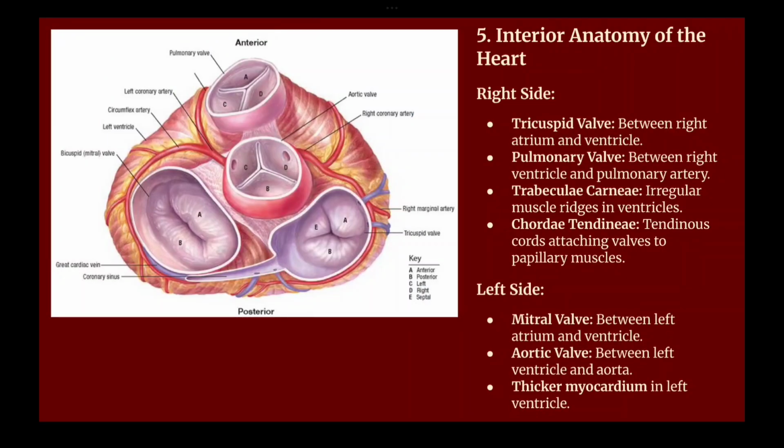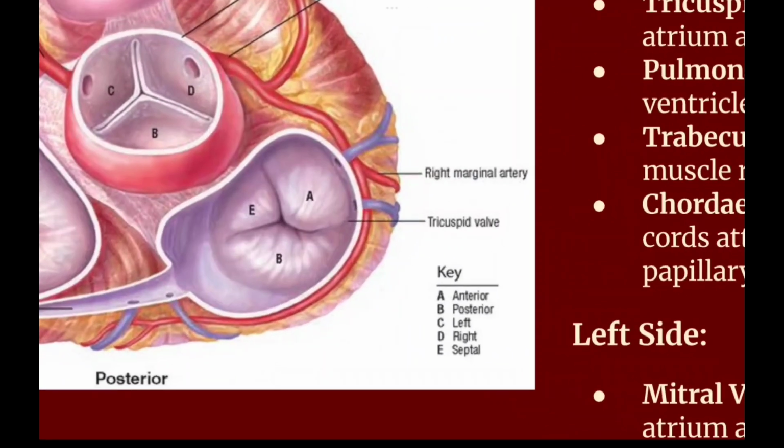Now the interior anatomy of the heart. If you take a cut section of the heart, the interior anatomy looks like this. On the right side you see the tricuspid valve, the pulmonary valve, trabeculae carneae and chordae tendineae.